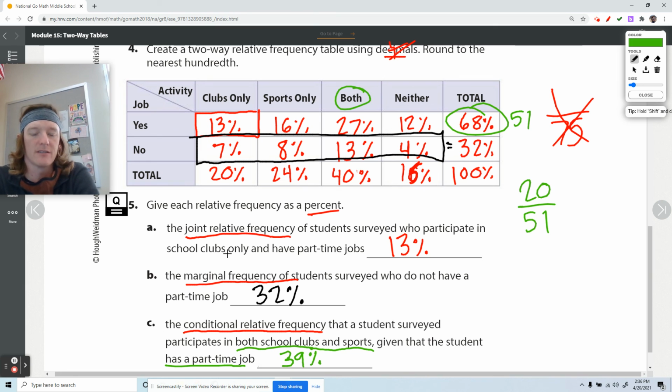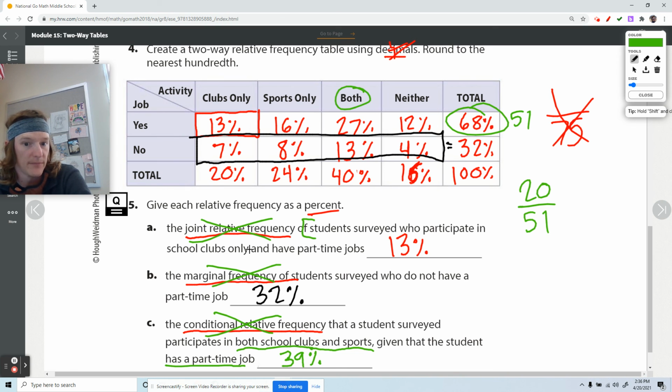So for A, B, and C, the important part is it's not necessarily the vocab that they told us. It's really understanding and reading and maybe rereading: students surveyed who participate in school clubs only and have part-time jobs. So that tells you clubs only and part-time jobs. It's this one box right here.